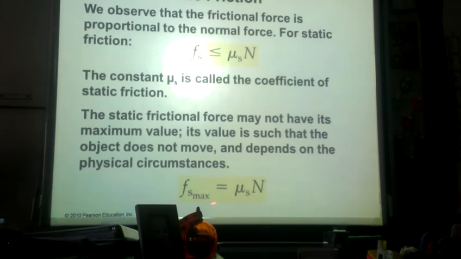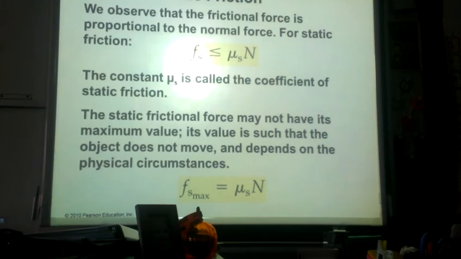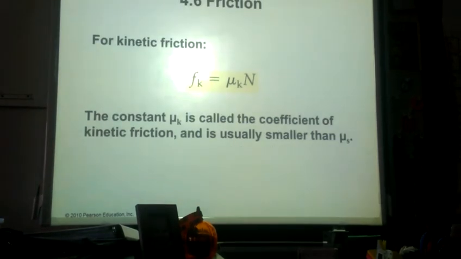So static friction at its maximum is when it is equal to the coefficient of static friction times the normal. That's going to depend on physical circumstances, on what the objects are, and so on. And then kinetic friction, same thing. The only difference is that for kinetic friction, mu k times the normal is equal to my kinetic friction.